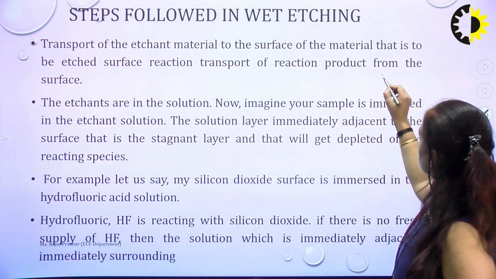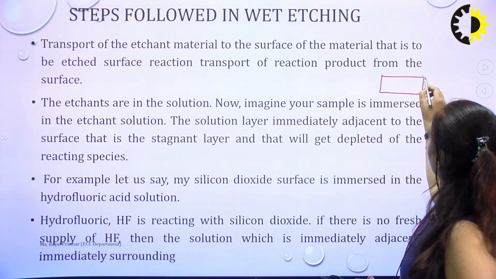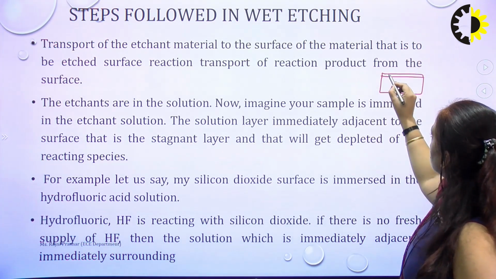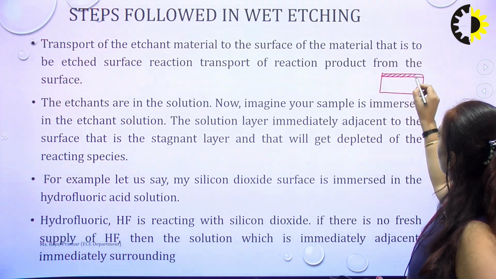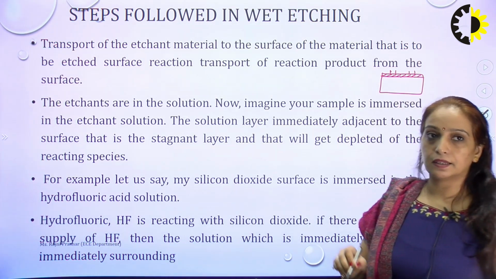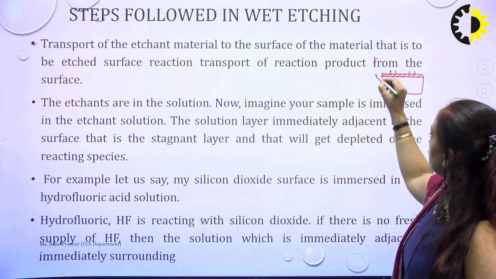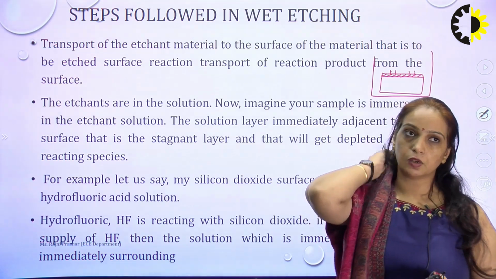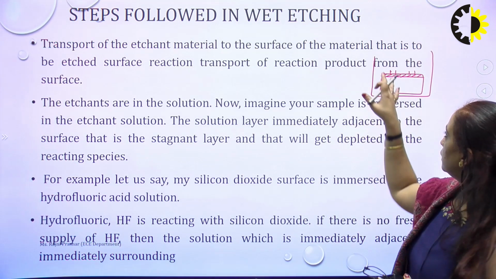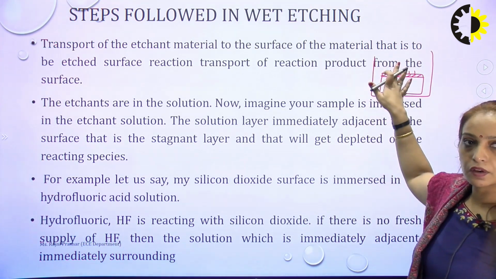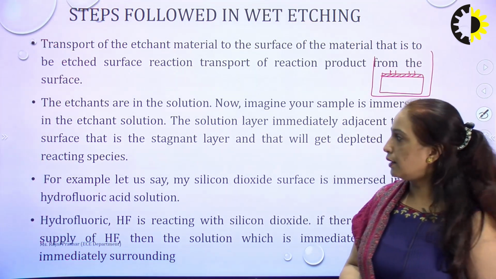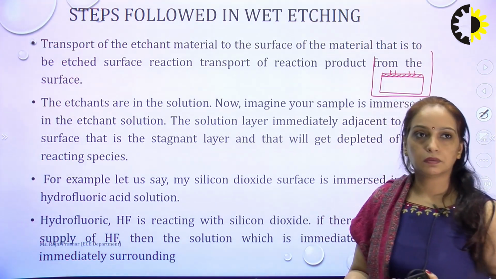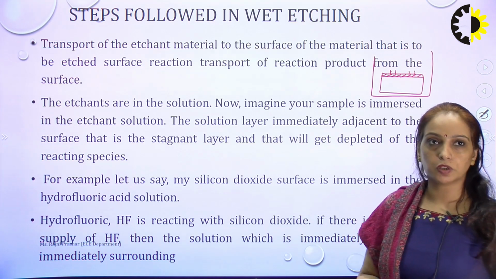So, we have this substrate, and over this we have the silicon dioxide, and from some sides we have to remove the silicon dioxide. So, the very first thing is we need to have some container where your etchant solution should be, and it should be transported to the surface of this substrate, right. And the etchants are usually in solution form.